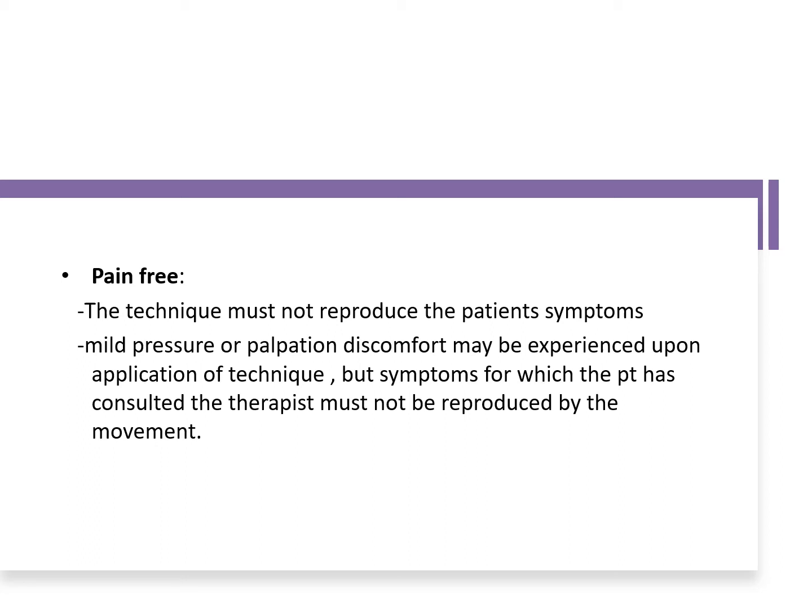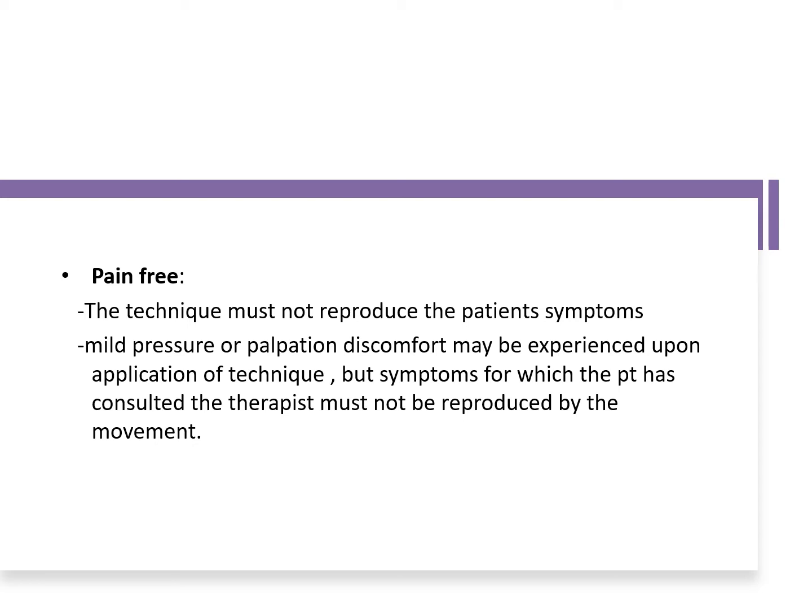Now what does it mean? It means that when you have decided to give Mulligan's technique, and when you start applying the technique, it should not reproduce the pain symptoms of the patient. Which means if a patient has come to you with shoulder abduction pain, and a certain glide which you have planned to give, while giving the glide there should not be the same pain or the same symptoms for which the patient had come to you.